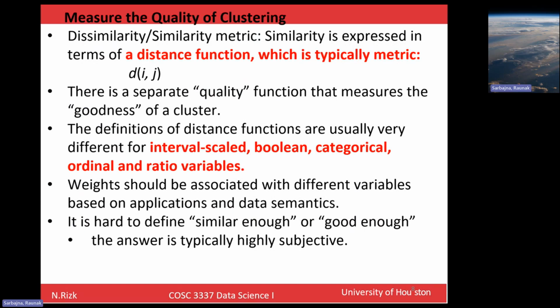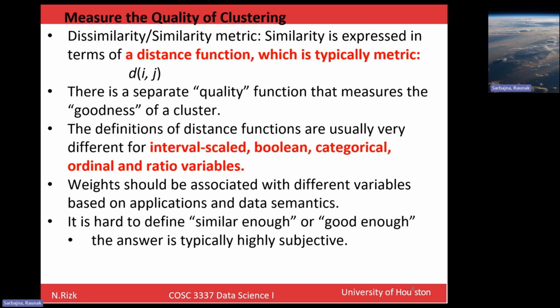And a distance function in a Cartesian plane essentially means how far two different clusters are from each other within that Cartesian plane. This is not the goodness metric. So just the distance function alone won't tell you any higher order information about the clusters. So there are separate functions that use this distance function to calculate how good a cluster is.